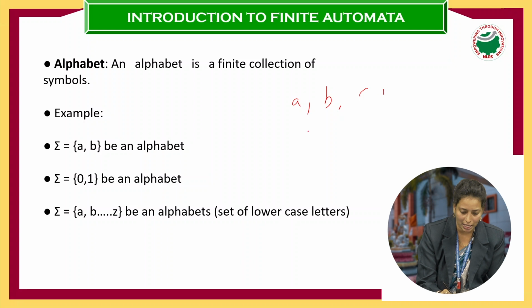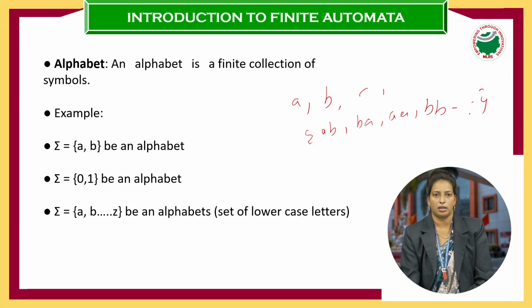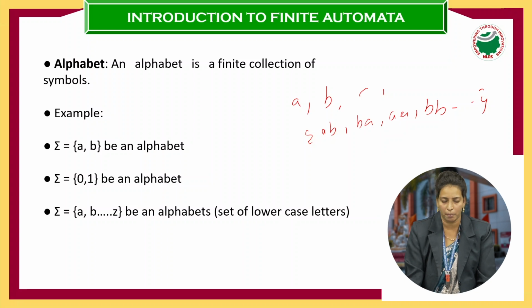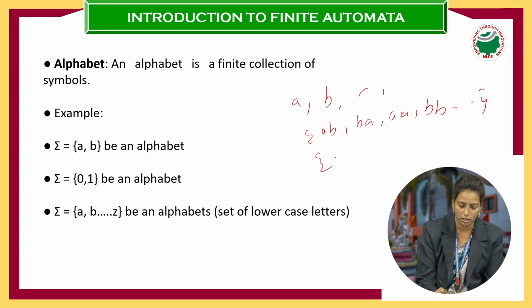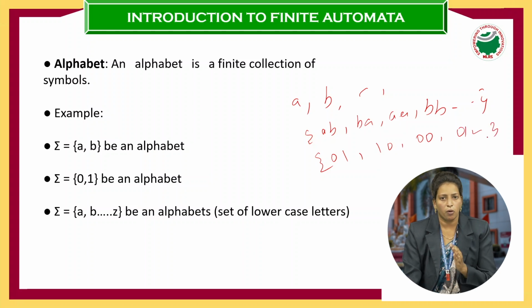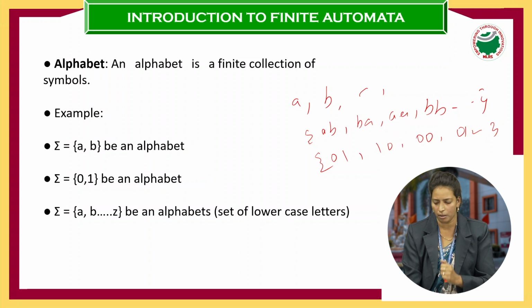Here, an alphabet is a collection of symbols, for example AB, BA, AA, BB, like that. These collections of symbols are called alphabets. And also we can represent 0, 1, 1, 0, 0, 0, 0, 1, 0, like that. Okay. So, what is meant by an alphabet? A collection of symbols is called an alphabet.